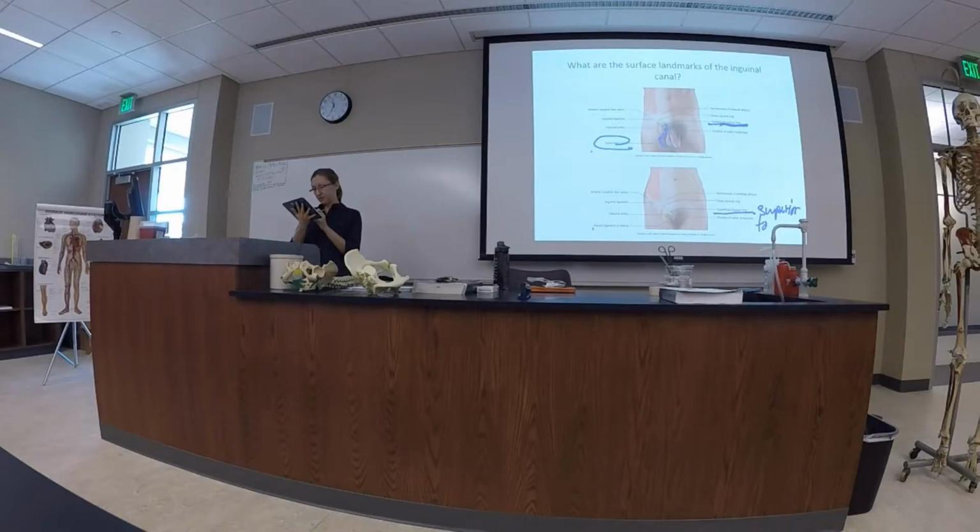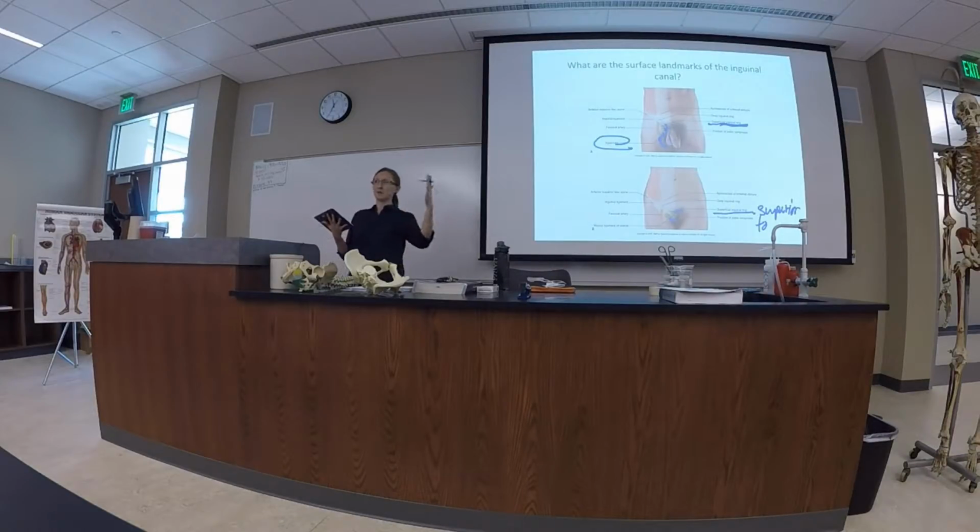You can see the pubic tubercle here, superficial inguinal ring there. The pubic tubercle is a palpable area. You can then go up from there slightly laterally to find the superficial inguinal ring. Any questions? Okay.